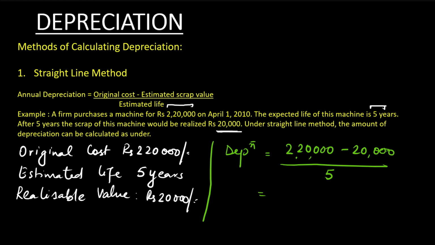So 2,20,000 minus 20,000 is 2,00,000 divided by 5. So it's 40,000 rupees per annum. When you are preparing your financial statements, this is the amount which will be charged against the machine, and it will be taken to the profit and loss account.